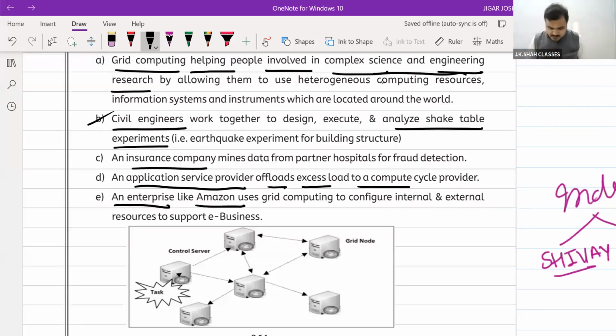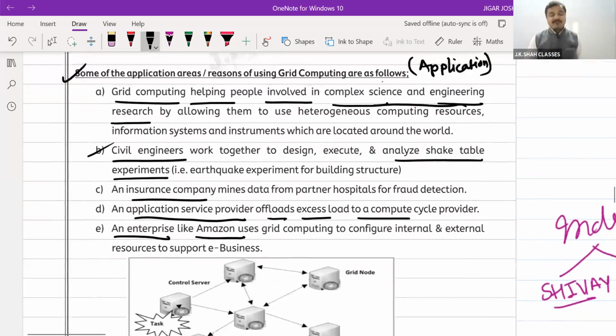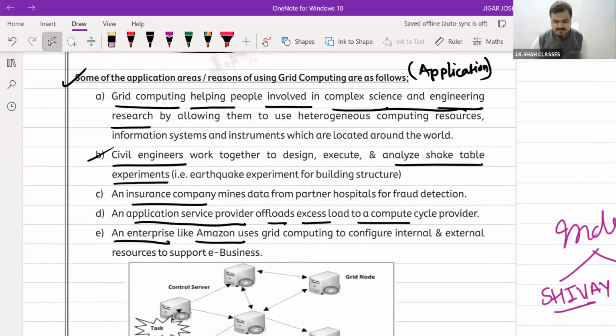So tell me, five major application areas of grid. Number one, complex science and engineering research. Second, civil engineers. Third, insurance company.